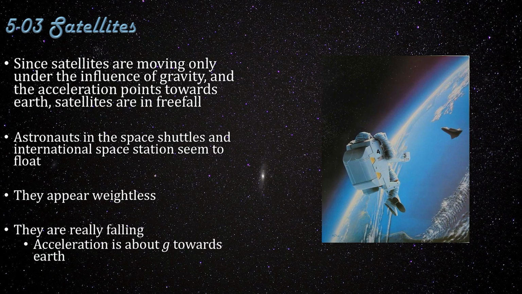There's gravity up there. They're being pulled towards the Earth. They're really falling. And the acceleration is almost the 9.8, I think we calculated 8 point something meters per second squared towards the Earth. So why don't they hit the Earth? Well, because they're going so fast sideways that they miss the Earth as they fall.